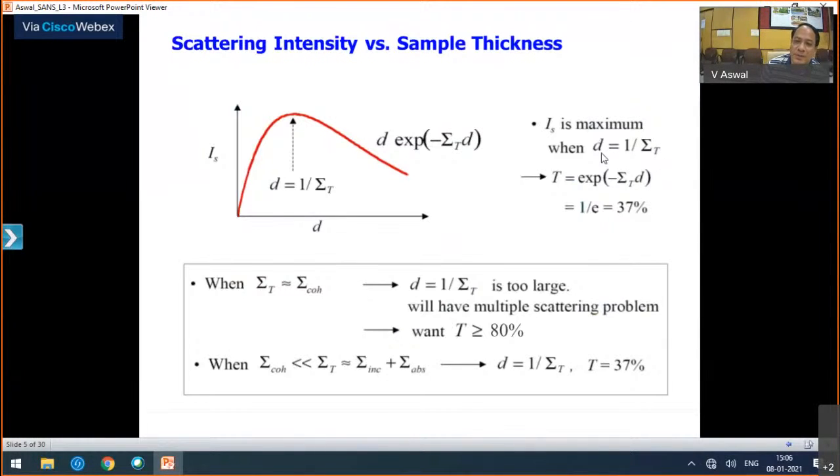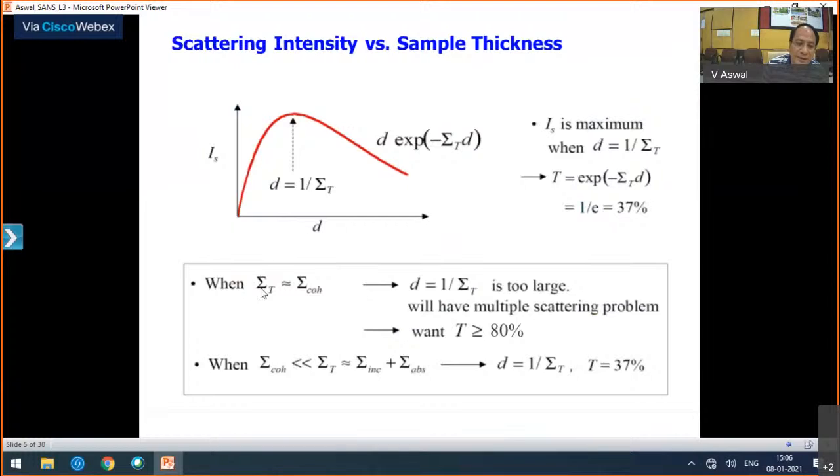And if you put this value of d here, it will be 1/e. So your transmission is 37% when your intensity is maximum. So ideally, if from a given sample you want to get the maximum intensity, then your transmission should be around 37%, and your corresponding thickness will be 1/sigma_t, the total cross section.